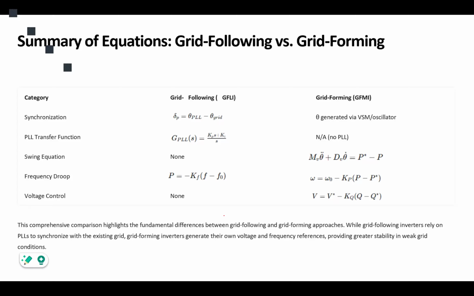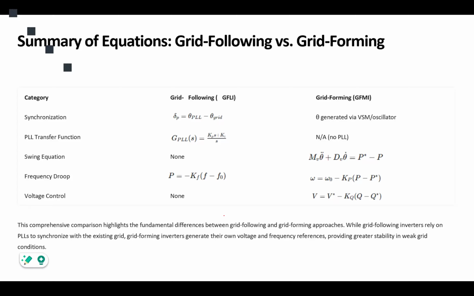Now, we said that because of the very basic difference between grid following and grid forming, we can't deal with those two similarly. In grid following, the sensitive transient part is basically the PLL. So what would dominate the transient or dynamic response in grid following is going to be the PLL factors, PLL configuration, and the PLL parameters. And we saw how to develop the swing equation for grid following.